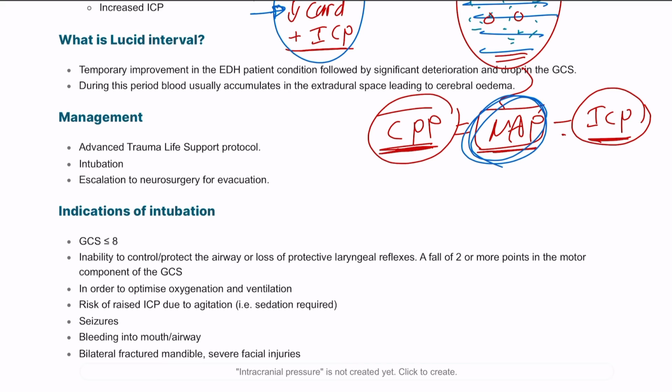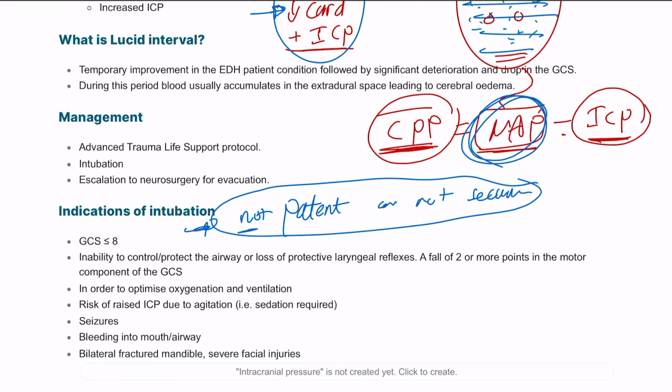And also, if you would like to sedate the patient to avoid an increase in the intracranial pressure, we can do an airway intubation as well. If they had a seizure, or they have bleeding per mouth, or they have a mandibular fracture or maxillofacial fracture, that would be another indication. So the basic concept here, if the airway is not patent or not secure, this is an indication of intubation.